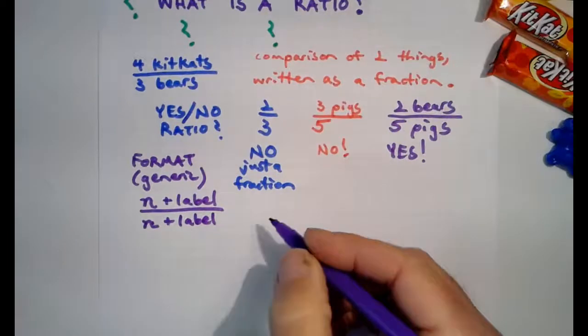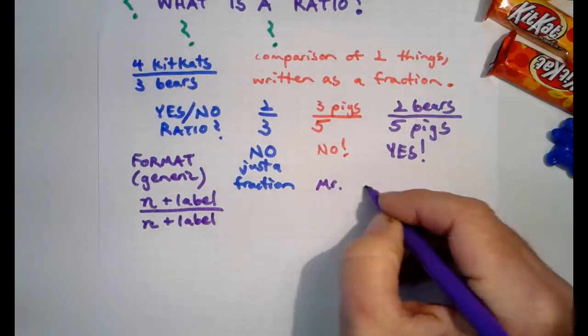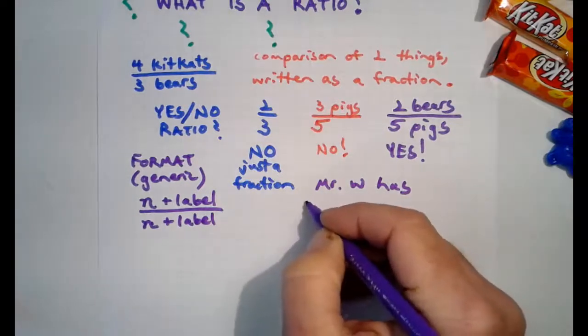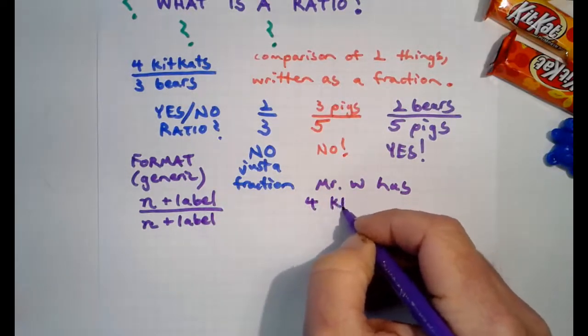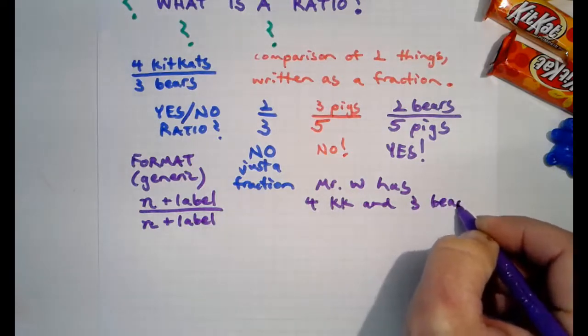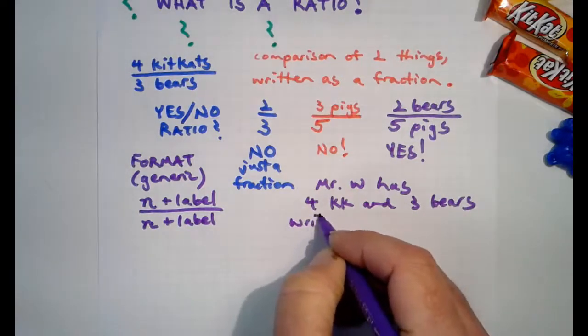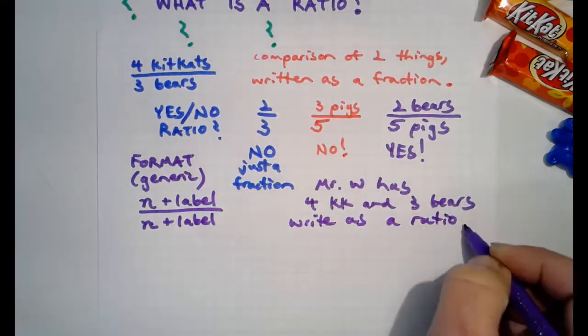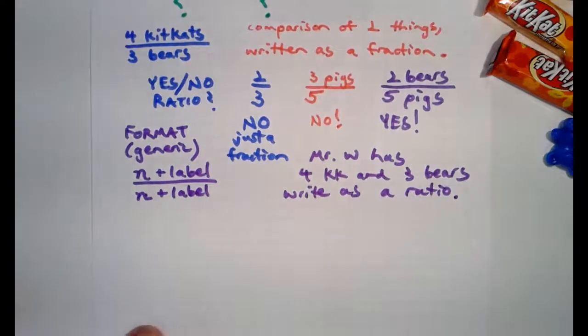Okay, for example, Mr. Witcher has 4 Kit Kats and 3 bears. Write as a ratio. Right? Simple little question.